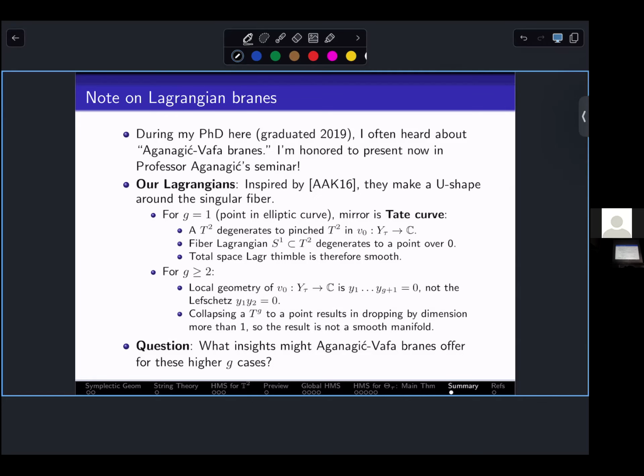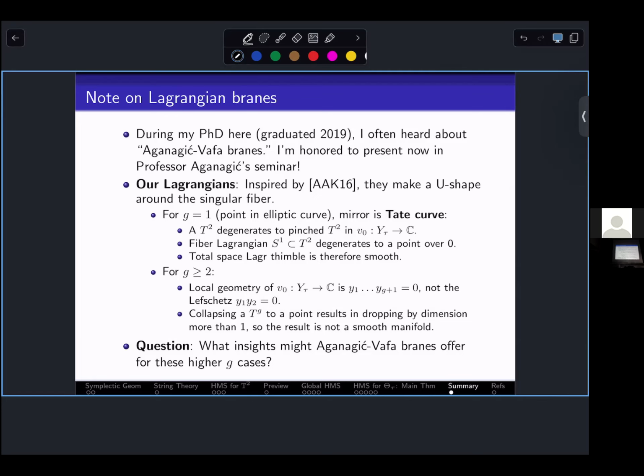But in higher dimensions, you'd have a T2 or a T3 or a T4 in your fiber Lagrangian all going down by a codimension bigger than 1 over 0. So that's why we do the U shape around it instead of to it. But I'm curious to know more about the famous Aganaga-Chvafa branes, because my understanding is when you have a product of 3, like Y1, Y2, Y3 equals 0, it's the brane that goes directly to the central fiber, I think.